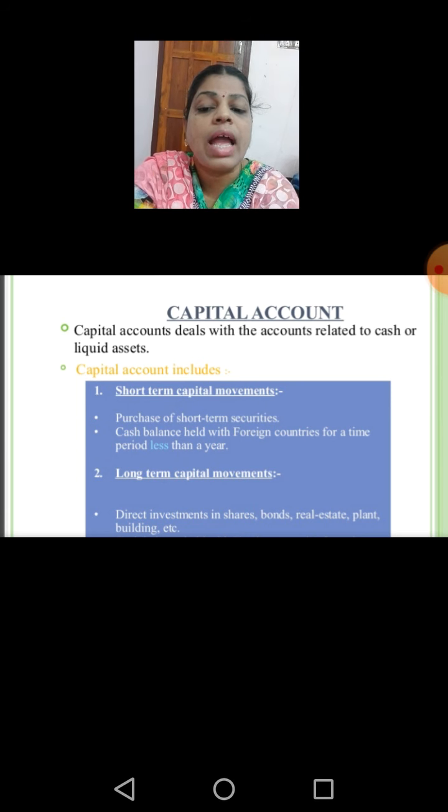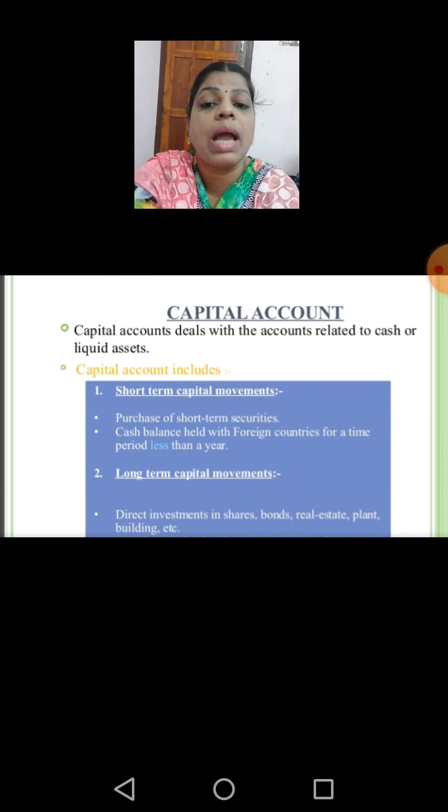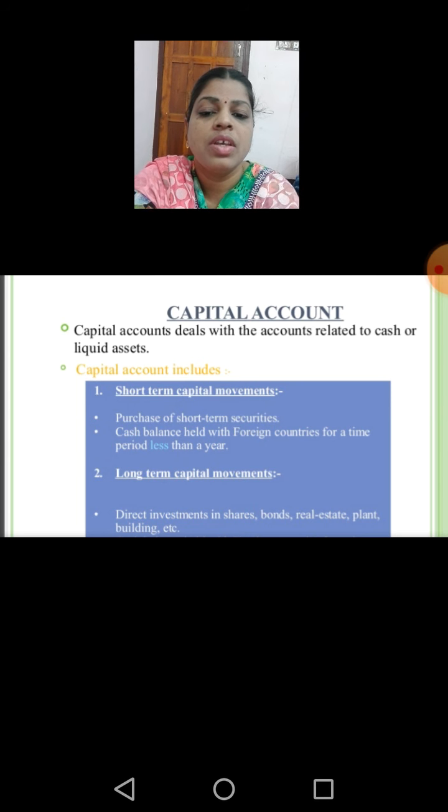Here the capital account includes the short term capital movements and the long term capital movements. Short term capital movements means the purchase of short term securities, cash balance held with foreign countries for a time period less than a year.